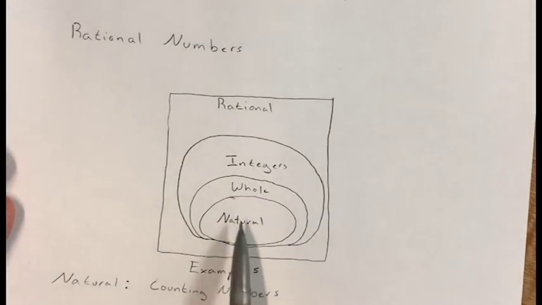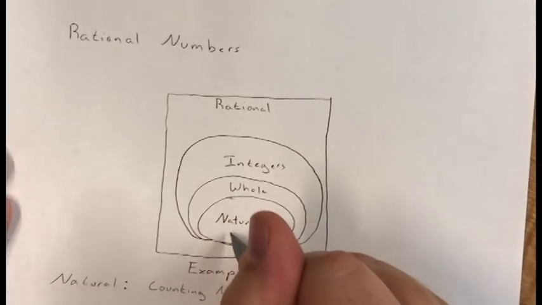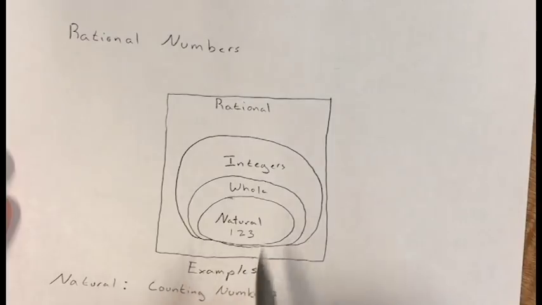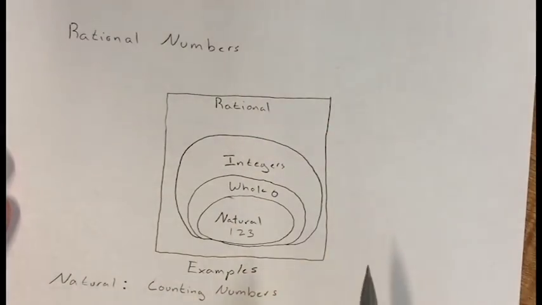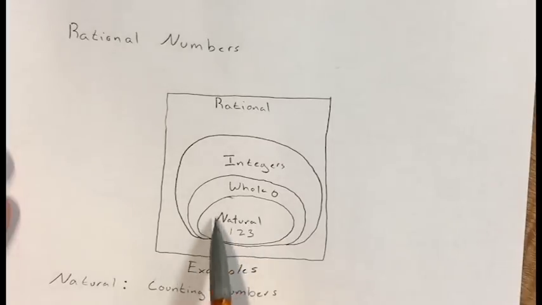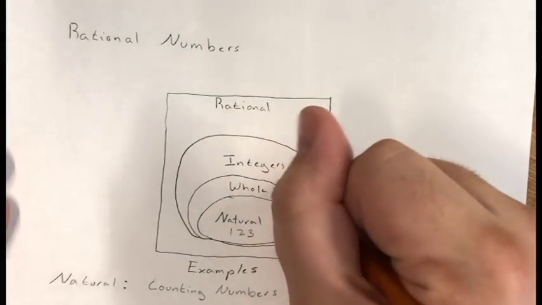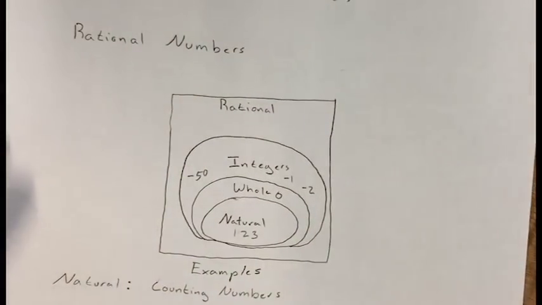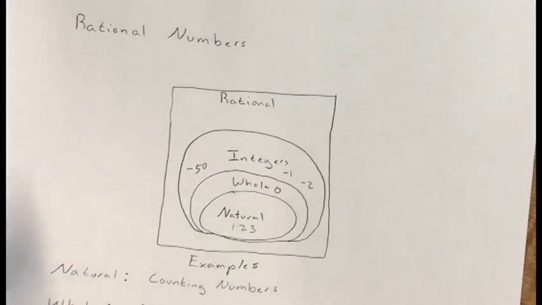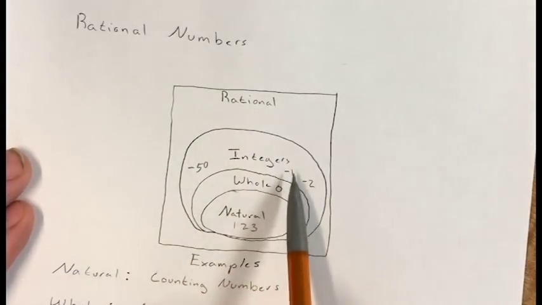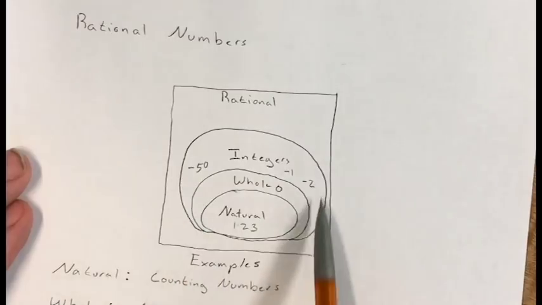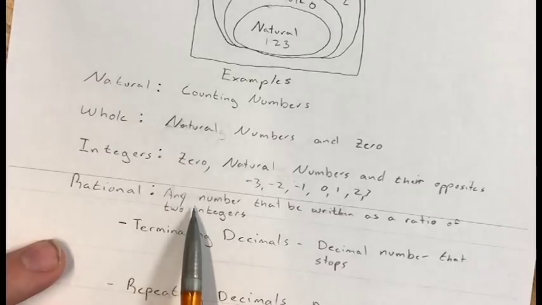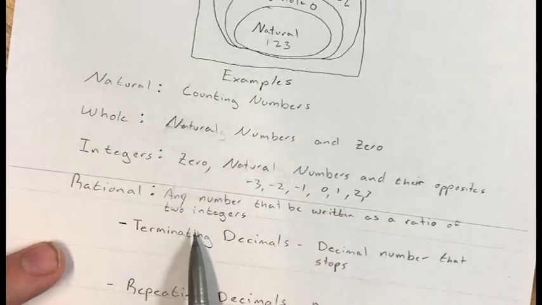So when you look at this graph, we have natural numbers, which would be 1, 2, 3, 4. Whole numbers, which include all your natural numbers and the number 0. And then integers, which include your natural numbers, your whole numbers, and then numbers like -1, -2, -50, and so forth. All right, now we get to something called rational numbers. Rational numbers include all of these things that we just talked about, but it also says this: any number that can be written as a ratio of two integers.